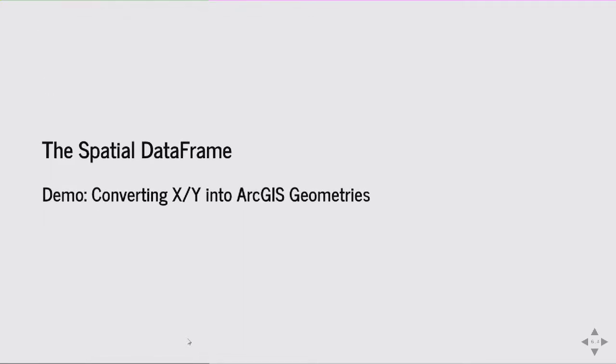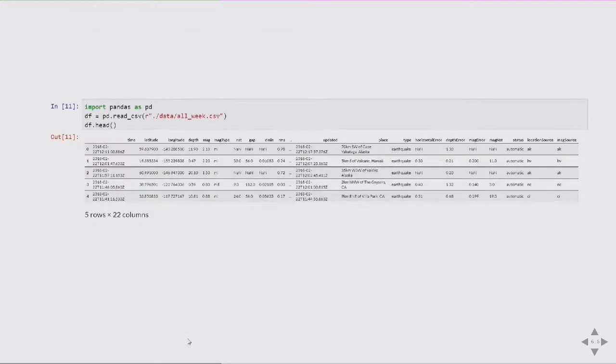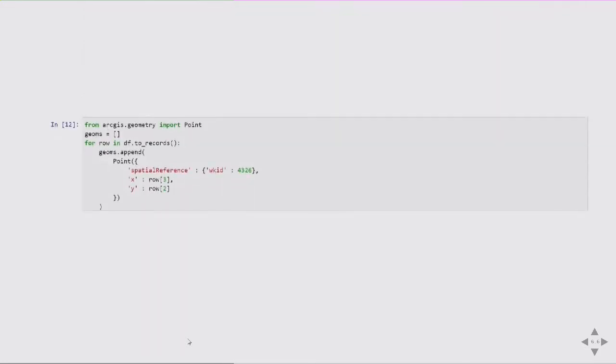Another problem is a lot of times you have CSVs, and this starts getting into the data science, data wrangling part of probably your day-to-day jobs if you're in that field: how do you convert XY data into geometries? Here we have CSV data going off the theme of earthquakes, and they have latitude, longitude, and coordinates.